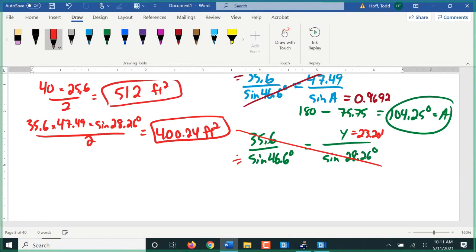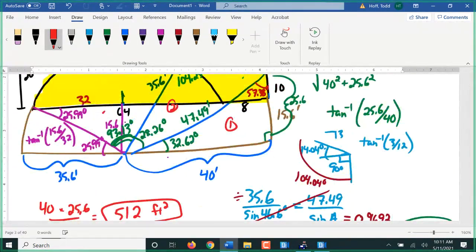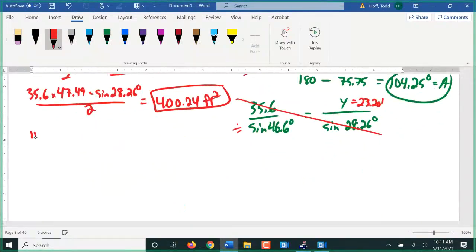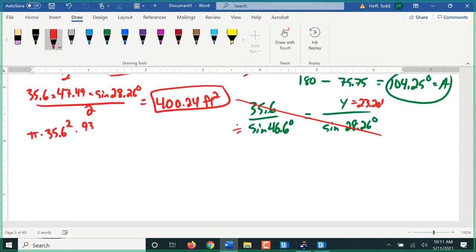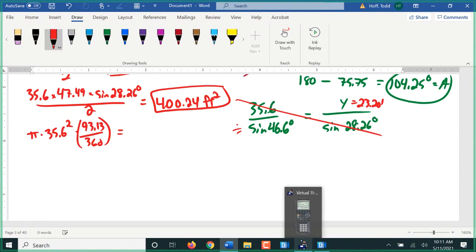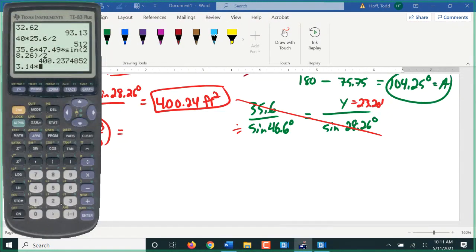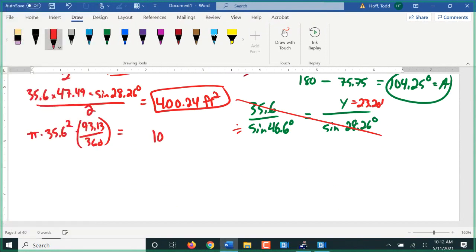And our final piece we need is this sector of a circle there. That'll be pi times that 35.6 feet squared times that angle of, what was it, 93.13 over 360. Give us 1,029.48 square feet.